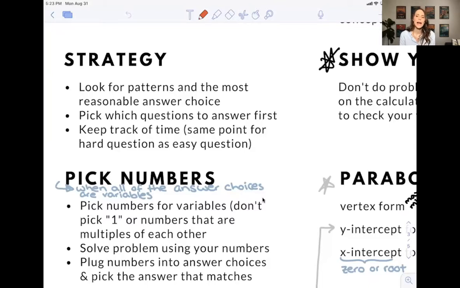So we do not want to waste our time on super hard questions that maybe we don't know how to solve until we've answered every question on the test. We don't want to sacrifice that easy point in favor of a hard question that, even after we've spent a lot of time on it, we still make a silly mistake and don't get right. So we want to keep track of time and make sure that we're picking up all those easy points first.